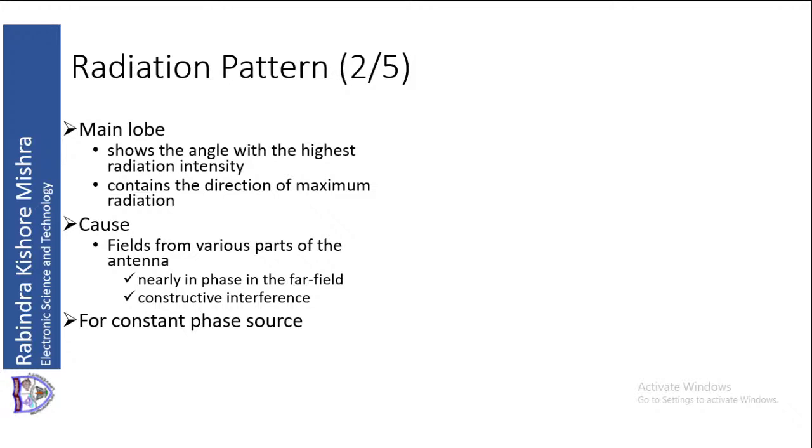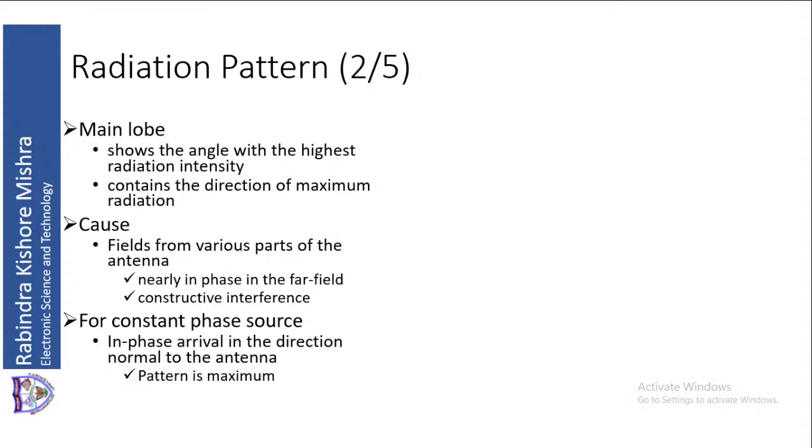So if you consider a finite length conductor, then over that finite length you can divide it into many infinitesimal lengths. From each infinitesimal length, the fields will contribute. They will be nearly in phase from each point in the far field.